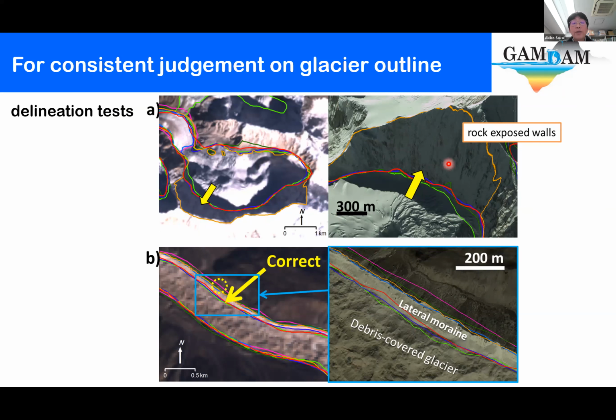So brown is not right. In the lower part, we tested debris-covered glaciers. As you know, debris-covered glaciers decline in surface elevation, and only steep lateral moraine ridges stand at both sides. There is no ice inside the moraine, so we should exclude it from glacier area. So the lines above here had mistakes.